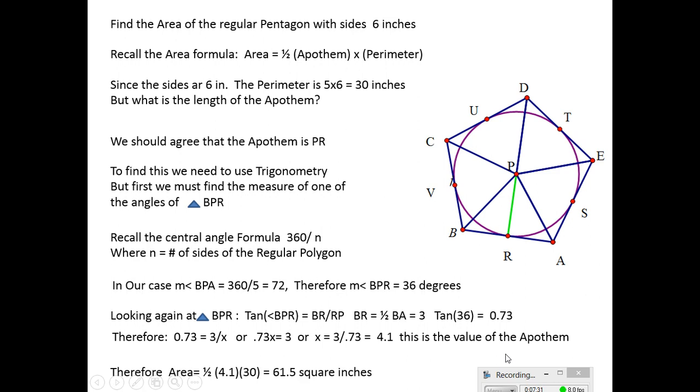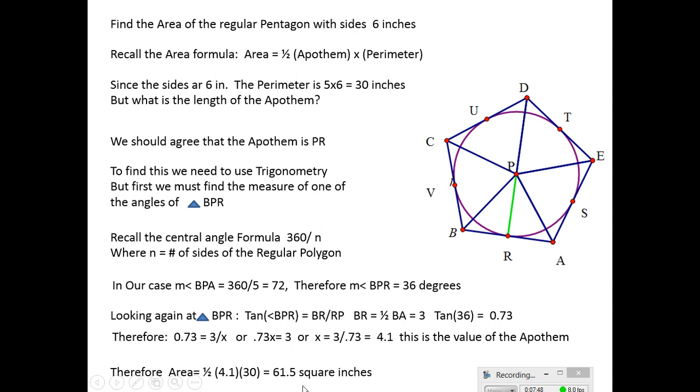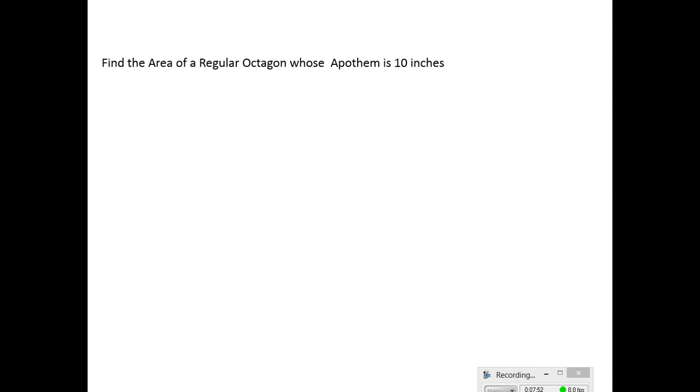Go back, look at this right triangle, use the tangent ratio: tangent of 36 is 3 over x. Solving for x, 4.1. Putting it into our area formula for the polygon, we get the area 61.5.